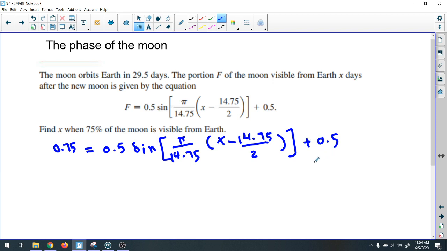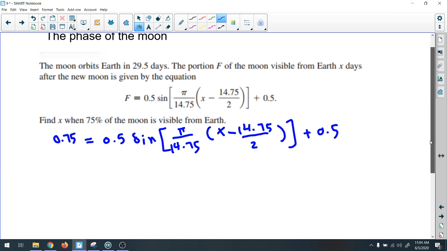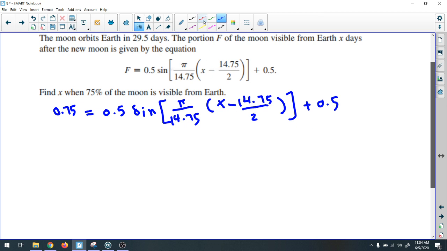Second, we eliminate 0.5, so we're going to subtract 0.5 from both sides.